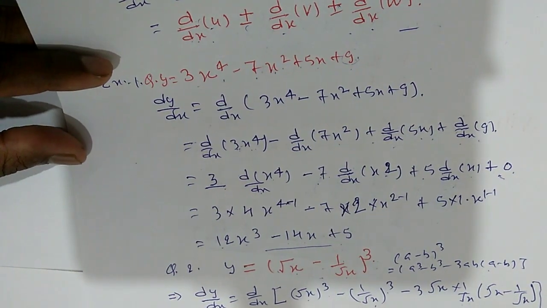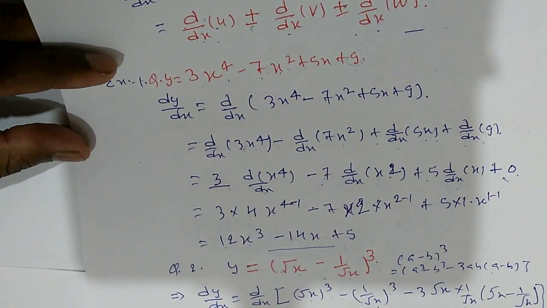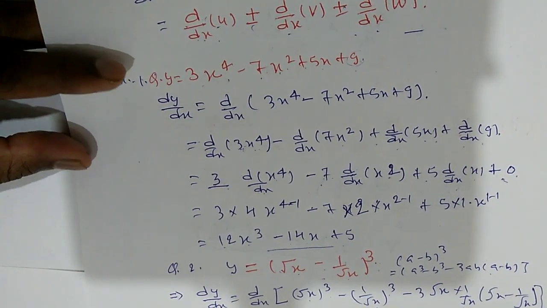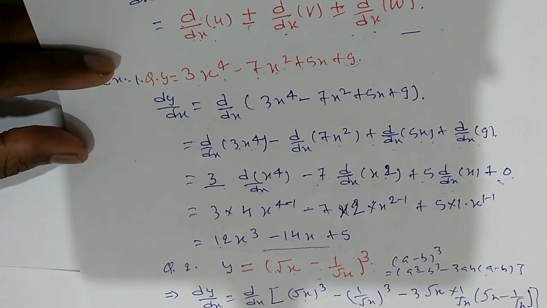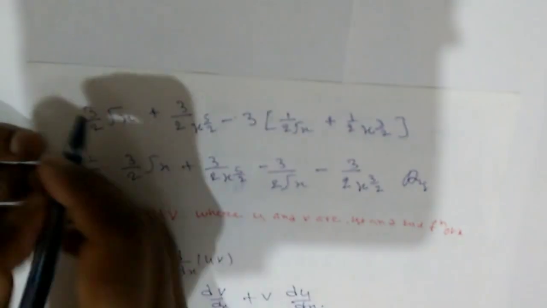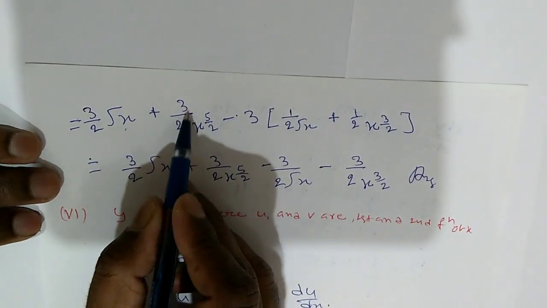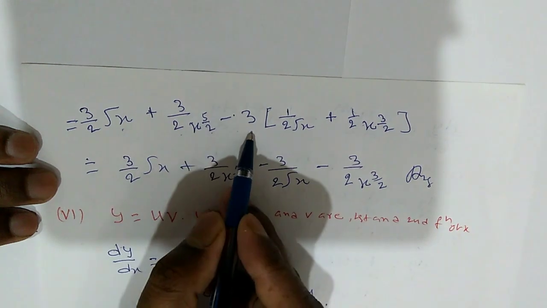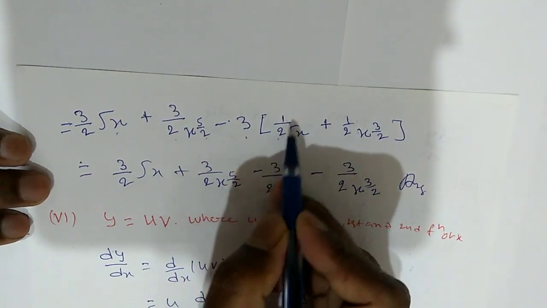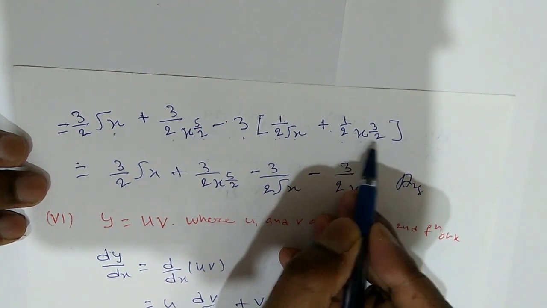So root x is x raised to the power 1 upon 2, and 1 upon x raised to the power 2 is the root value. Taking the upper side and writing minus, after solving we get 3 by 2 x raised to the power 5 by 2 minus 1 upon 2 root x plus 1 by 2 x raised to the power 3 by 2.